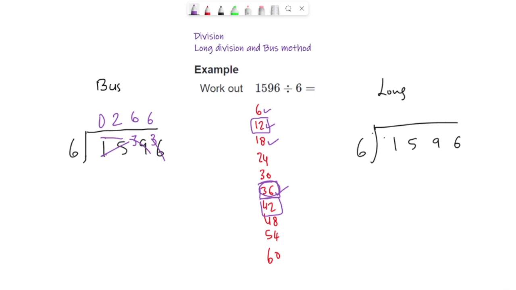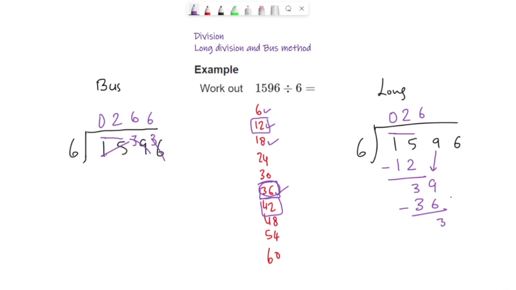We do the same thing in the long division method. How many 6 will go in 1, 0? How many 6 will go in 15? 6 times 2 is 12. 15 minus 12, remainder is 3. See, here we wrote the remainder next to the number, and here we wrote it below. So now we'll carry down 9. So it's 39. 6 times 6 will go in 39, which is 36.